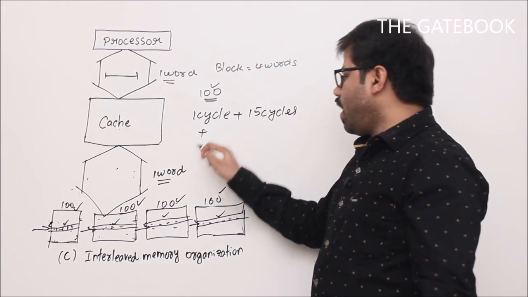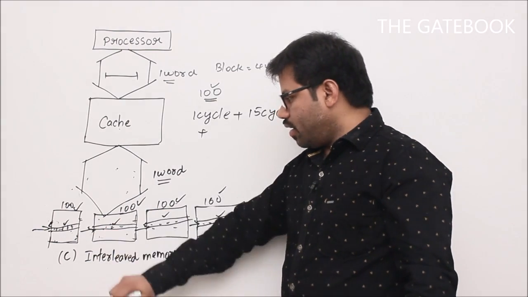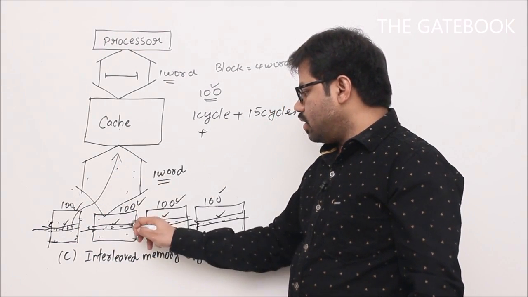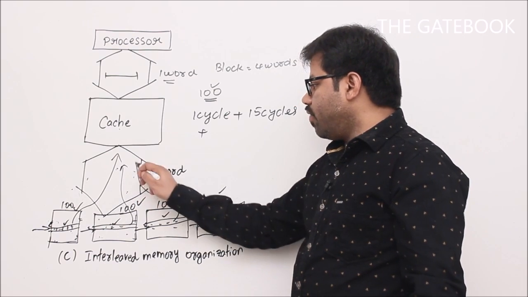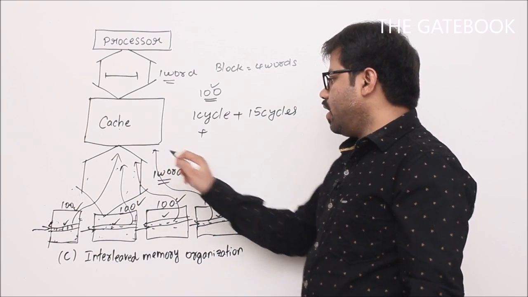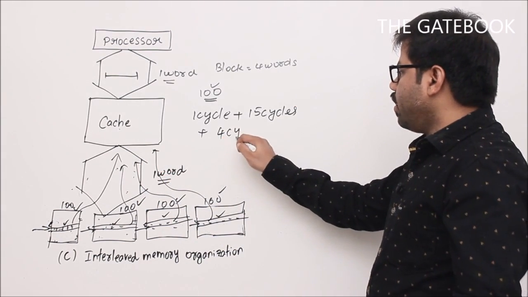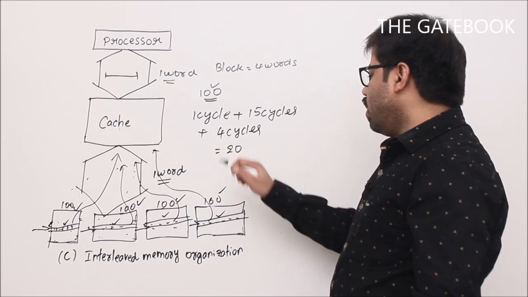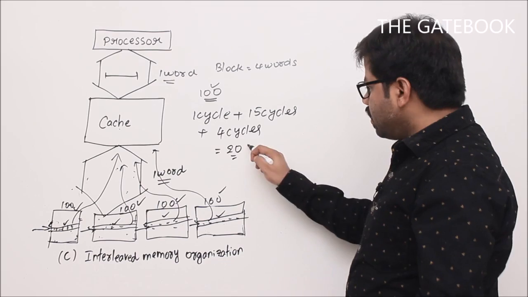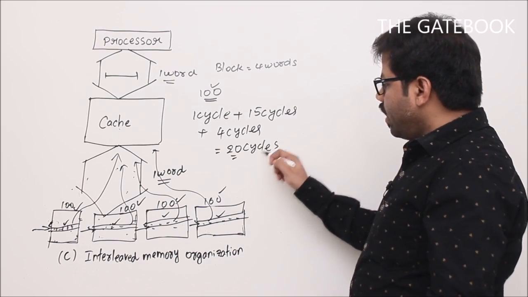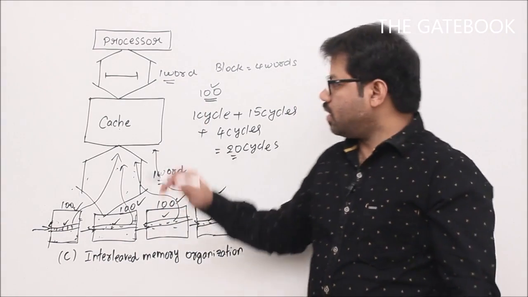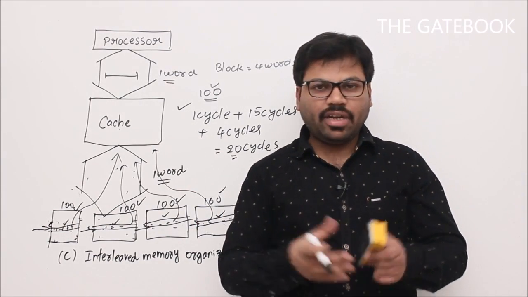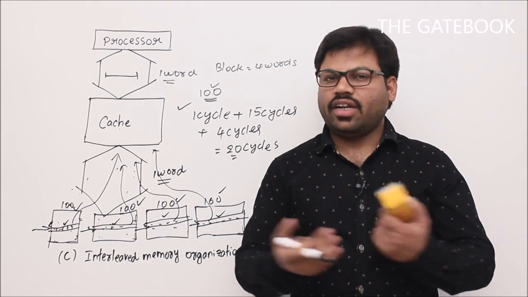Then since we have only one bus, one by one, now data is ready, we have to take it. We take this data first, then this data, then this data, one by one, sequentially, so 4 cycles are required. So finally 15 plus 1 is 16, 16 plus 4 is 20. 20 cycles are required to get the data from this organization. Is it not better than the previous two? Yes. So in that way, these three organizations can be discussed and we can understand the differences.